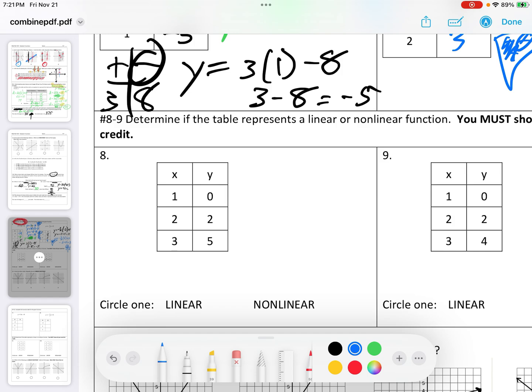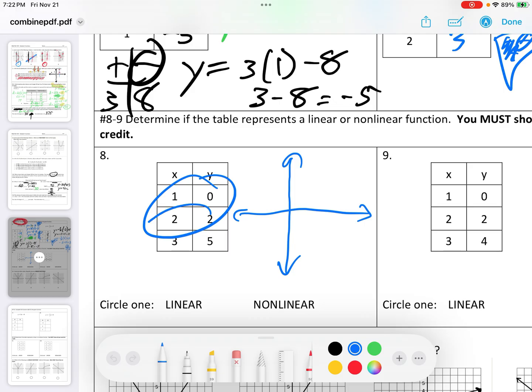You can do it mathematically or you can do it graphically. I'd really rather do it graphically, but the problem is my graph isn't going to be exact. The way to do it algebraically is to find the slope there and the slope there and see if they're the same. If they're the same, then it is. But I'm going to do it graphically.